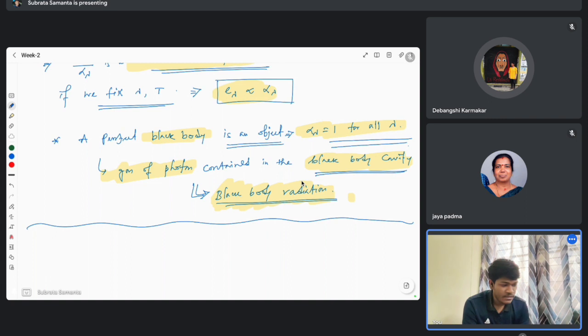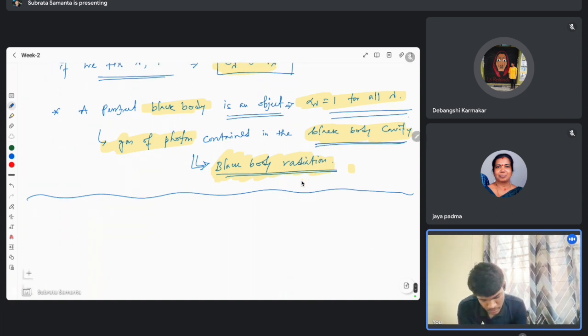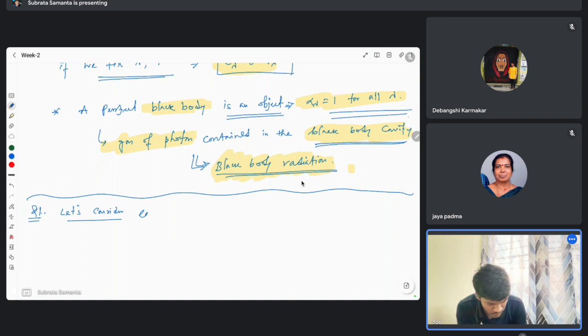Let's consider Earth and Sun behaving as perfect black bodies. Any questions so far? So question one: let's consider Earth and Sun behave as black bodies.